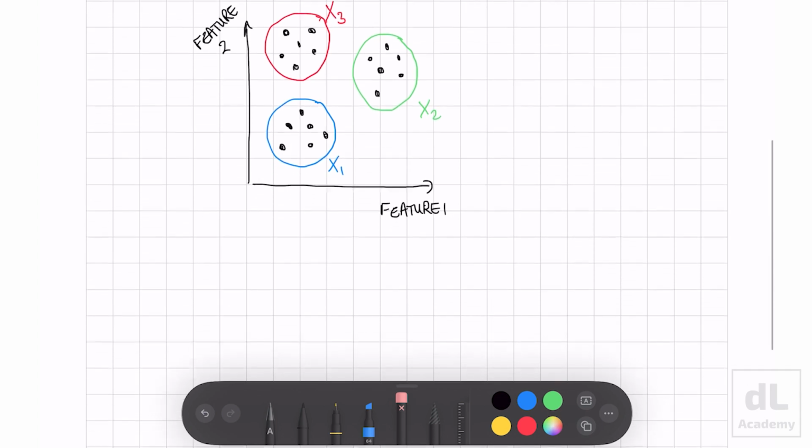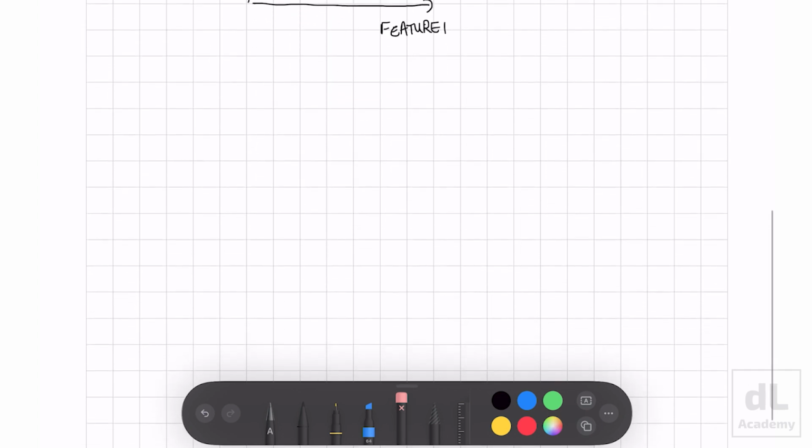So we need a bit of notation. The problem with maths is it requires notation. We're going to introduce what we call a flag, which indicates whether a data point in the data set lives in a particular cluster. I call it a flag because it indicates whether it's in or out.